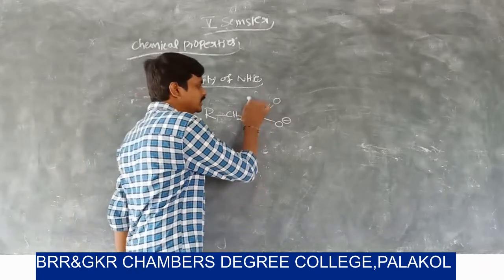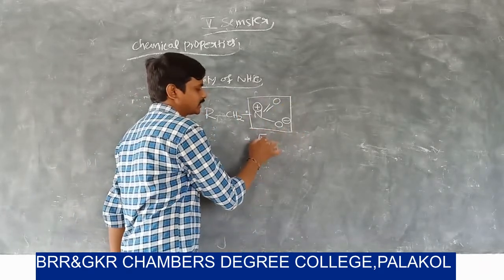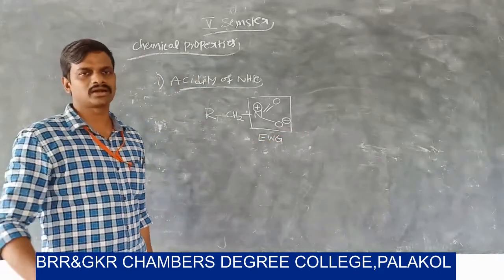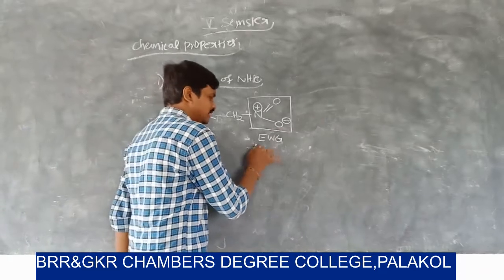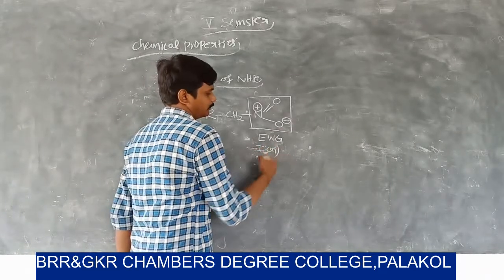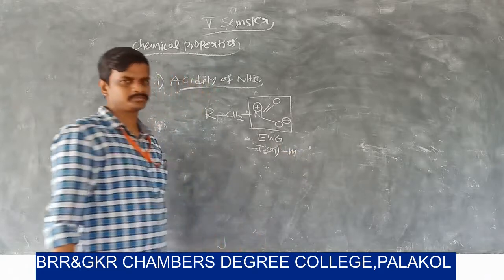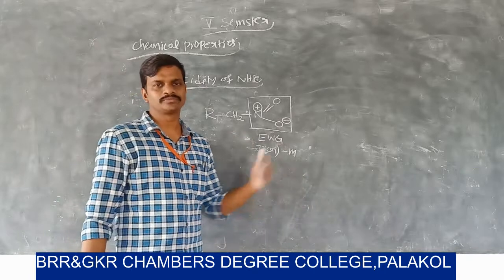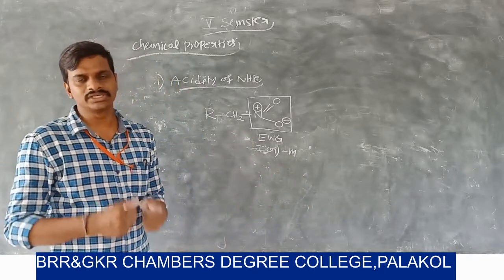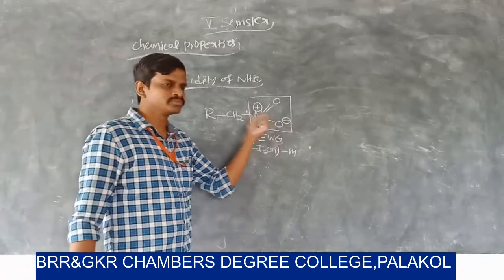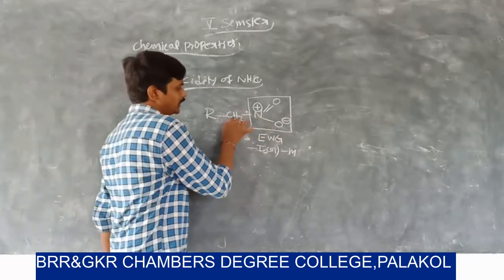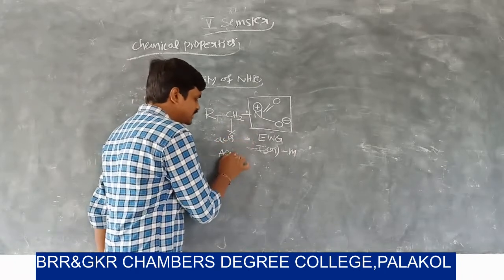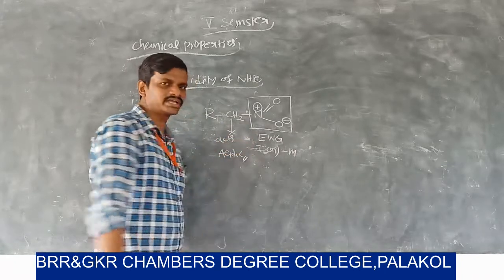It is a strong electron withdrawing group. NO2 is a strong electron withdrawing group. It withdraws electrons by minus I effect and minus M effect, that means negative inductive effect and negative mesomeric effect. Due to the electron withdrawing nature of this NO2, the adjacent carbon carrying hydrogens act as acidic protons.